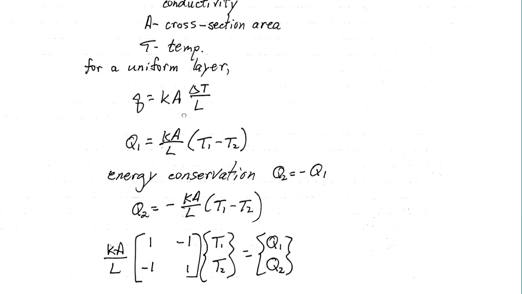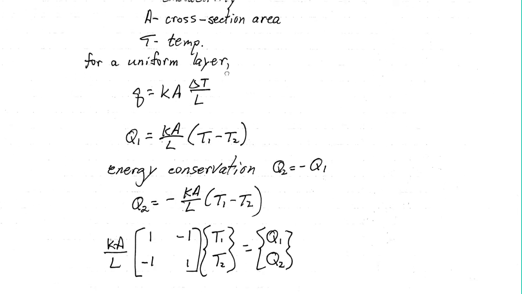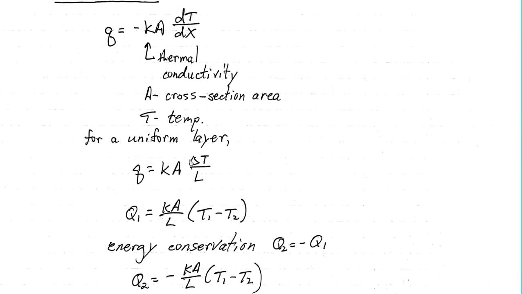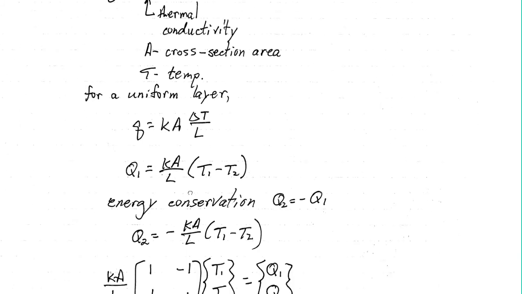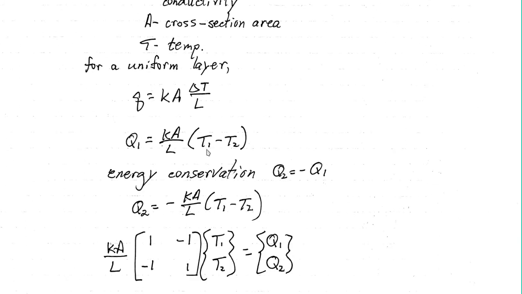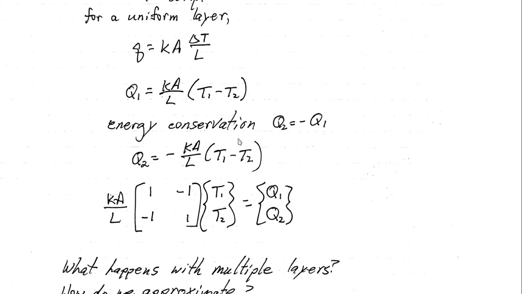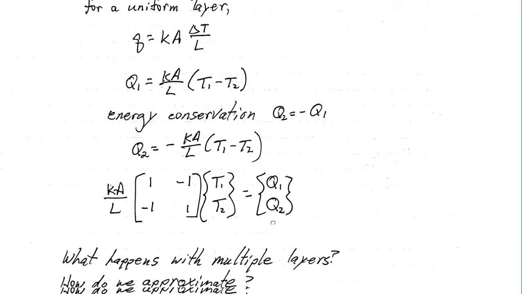So for a uniform layer, remember we discretize this equation. So now you have a delta T over L of that given element, or length of that region, with uniform thermal conductivity. And my heat flow is simply defined here. Okay. Similar to a force balance problem, energy conservation requires the heat flow coming in one side must be equal and opposite the other side. Otherwise, you're going to have heat generation internally.